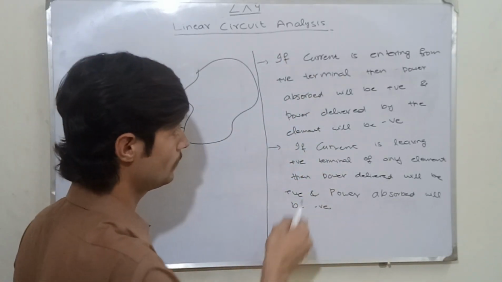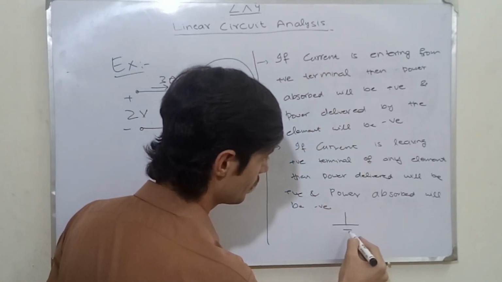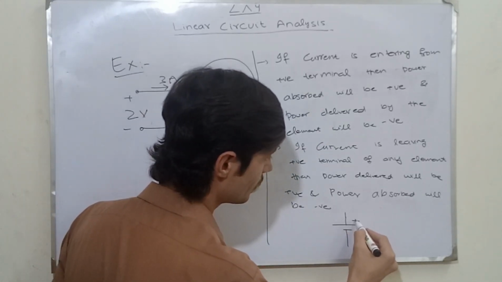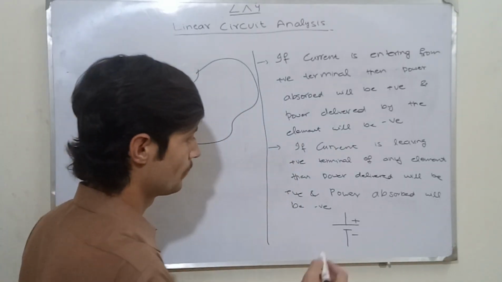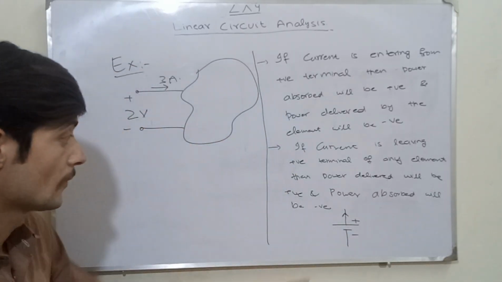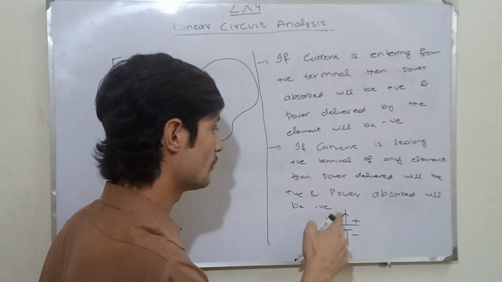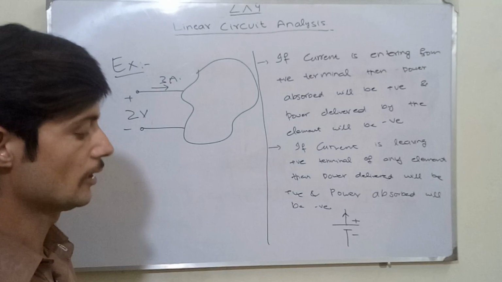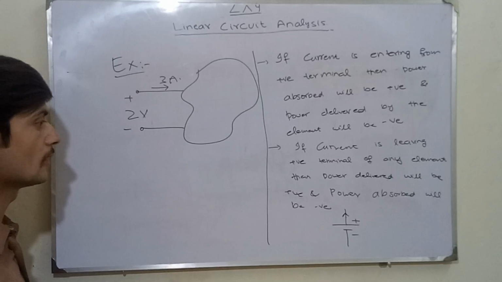You can remember this whole concept by simply learning about a battery. A battery has these terminals, positive and negative, and current always leaves the positive terminal, and a battery is a supplier, so power supplied will be positive if current leaves the positive terminal of any element, no matter if it is a black box.